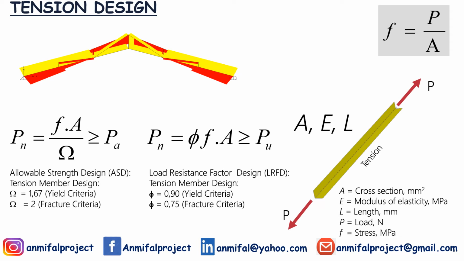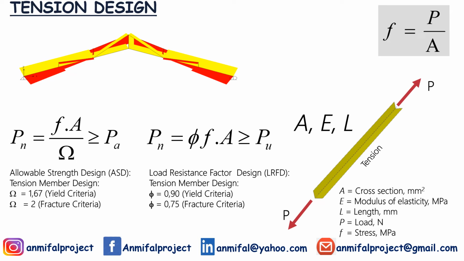Now we have the nominal tension load Pn equal to the tension stress multiplied by the cross-section area of the member A. When we get back into the design, particularly in allowable strength design, the nominal load is equal to the tension stress multiplied by the cross-section area of the member, divided by omega.